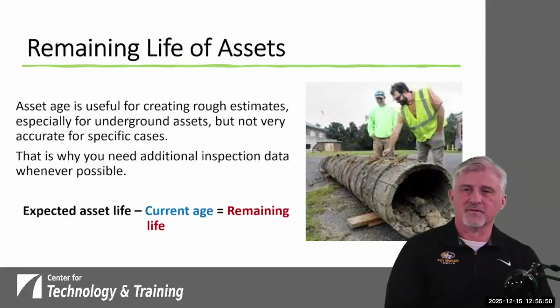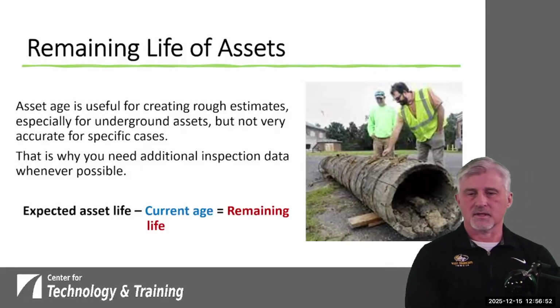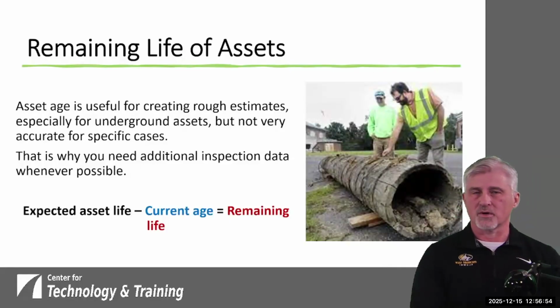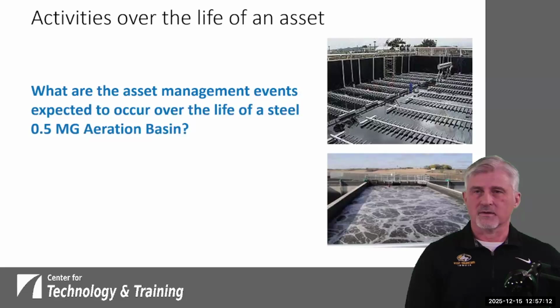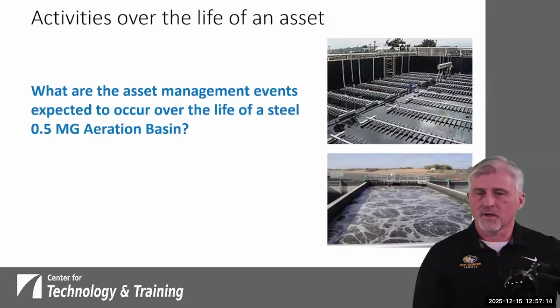So the expected asset life is that we take that number and subtract off our current age, and that'll give us an idea of what the remaining age is. But quite often we'll find that something is going to live beyond its asset life, and we may have to modify that based off of information that we come across as we go through.